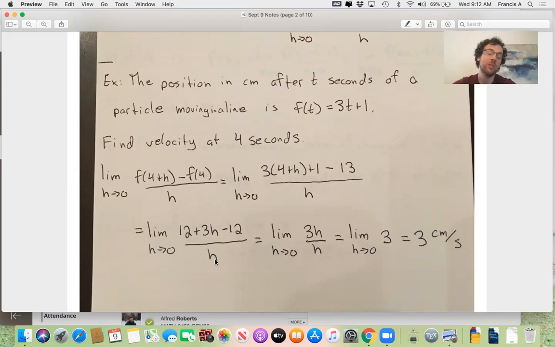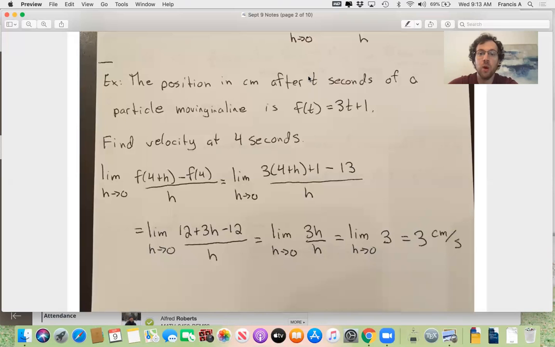How that looks in this particular case is, well, the two simplifying things we can do are, first, multiply this 3 times 4 and h to give us 12 plus 3h. Then also this 1 and this negative 13, those are numbers, so we can combine those to get negative 12.